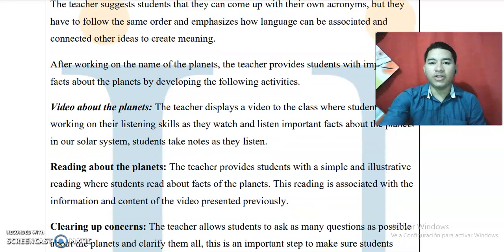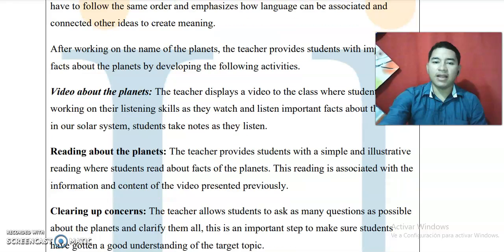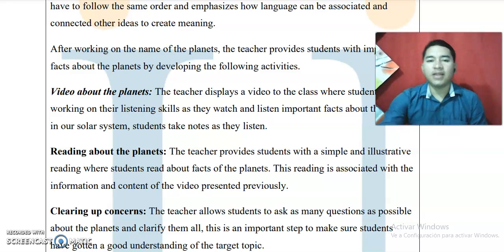Eventually, the teacher is going to keep providing feedback and further information about this topic, and then the teacher will continue with a reading, which is also about the planets, where the students are going to associate some pictures with some information about planets.